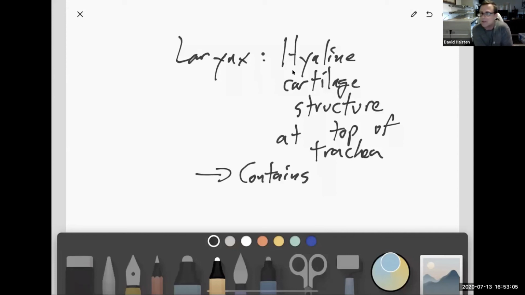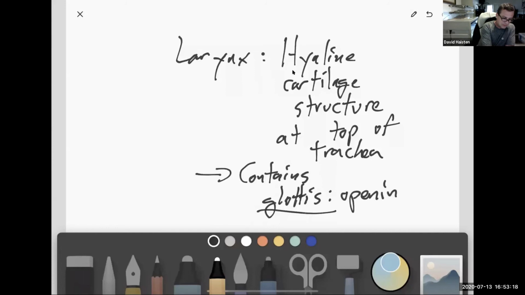Okay, the larynx contains the glottis. What is the glottis? So basically, you could think of it as the opening to the trachea. So the glottis can be closed or open.